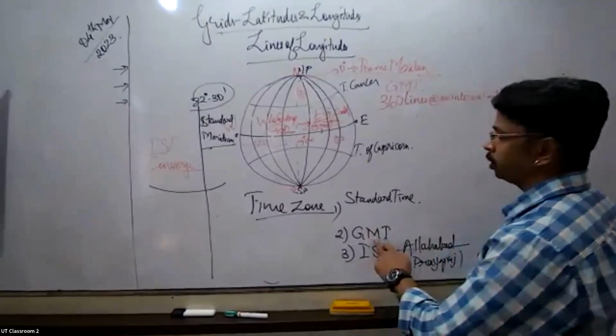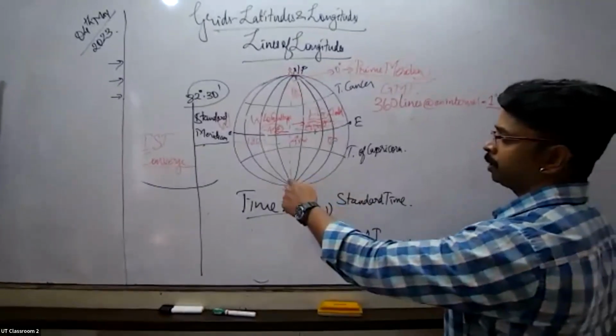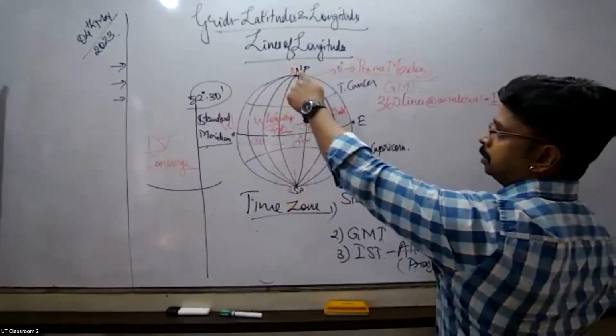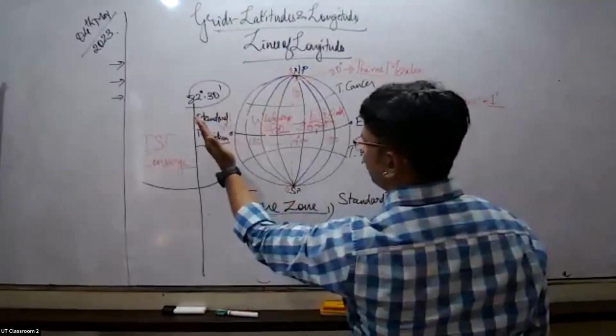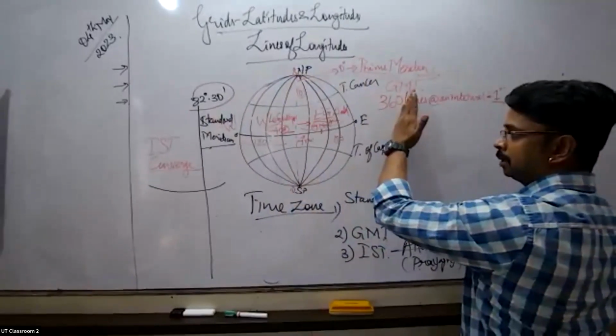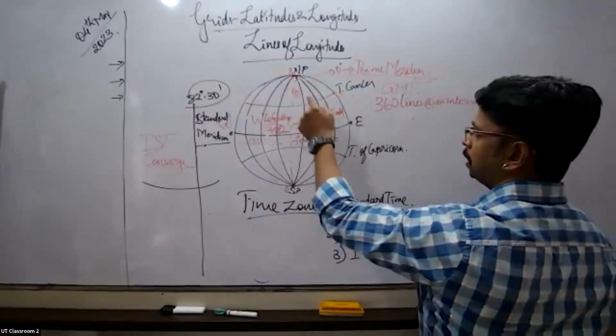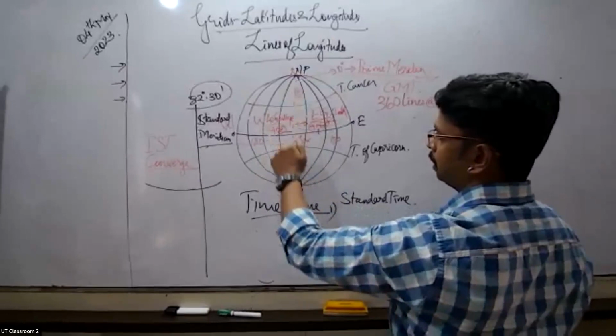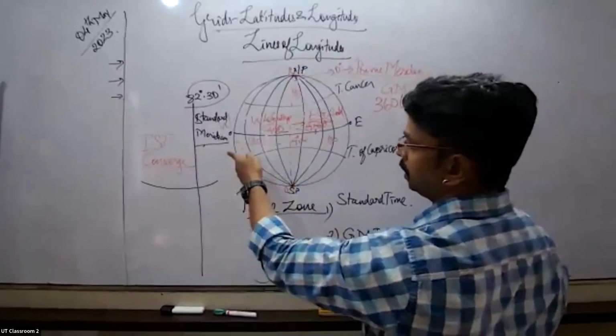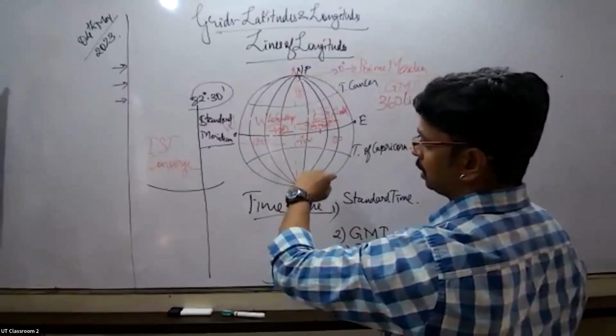Now look here. Before you start this word GMT, which line do we always remember? The line of longitude, which is 0 degree, which divides the earth into west and east. Here we have 180 lines at the interval of 1 degree, and there, altogether there are 360.